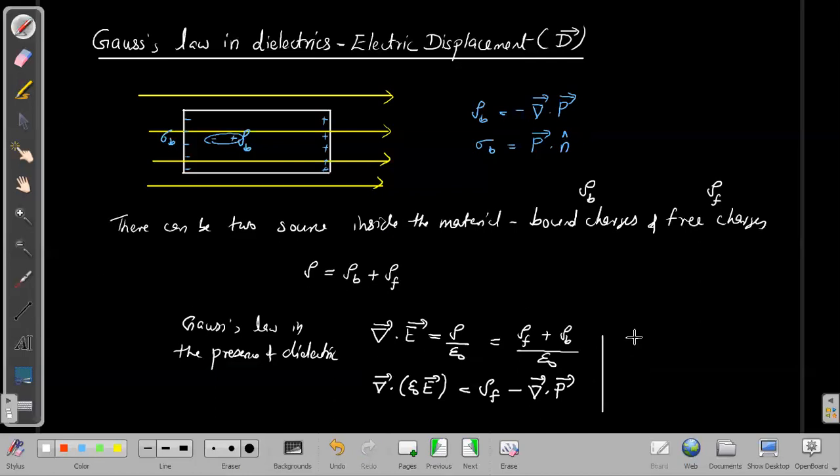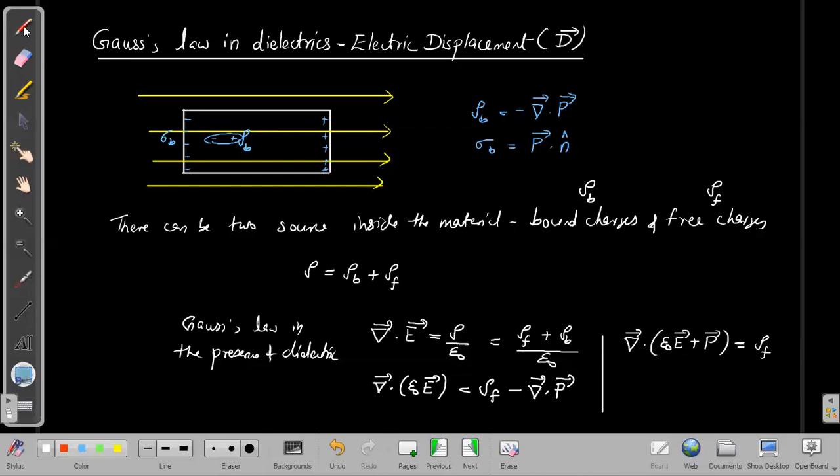So I will get the equation del dot (epsilon 0 E plus P) equals rho f. This is a kind of Gauss's law we are getting.